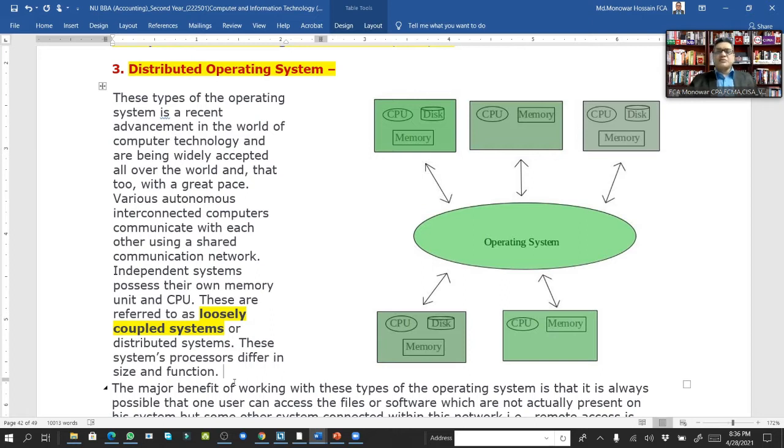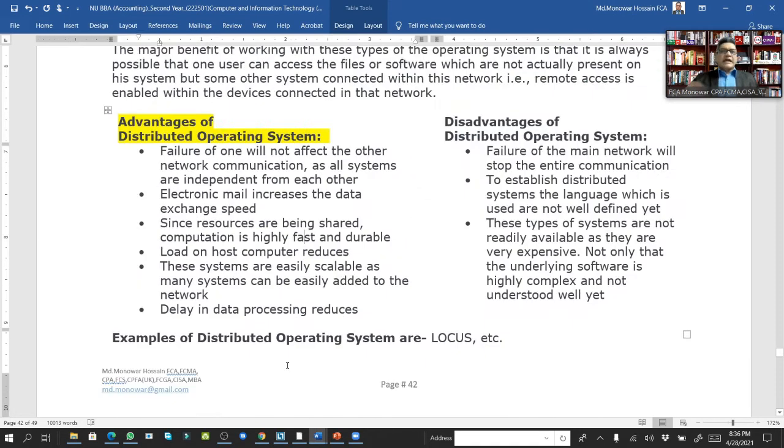These systems' processors differ in size and function. So here, if we see, there is a distributed operating system. This way the CPU takes memory using the operating system and work is distributed in different ways. The advantages of a distributed operating system are that failure of one system does not affect the network communication, as all systems are independent of each other, and electronic mail increases the data exchange speed.